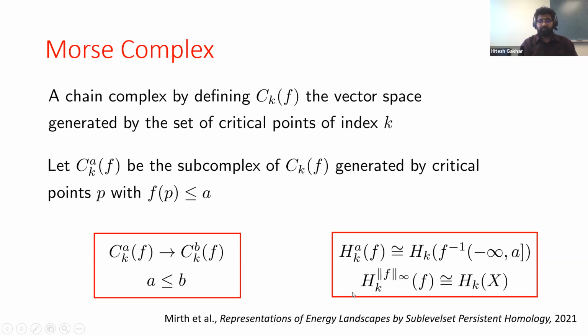And once you reach the maximum value of your function F, and you compute the homology of the Morse complex at that index, you just get the homology of your space.